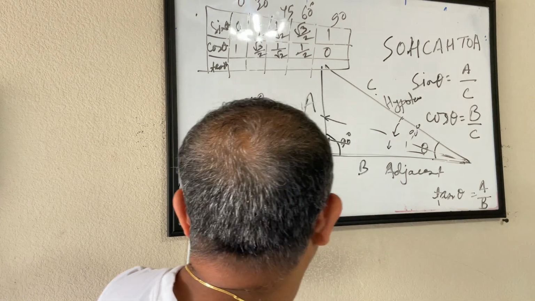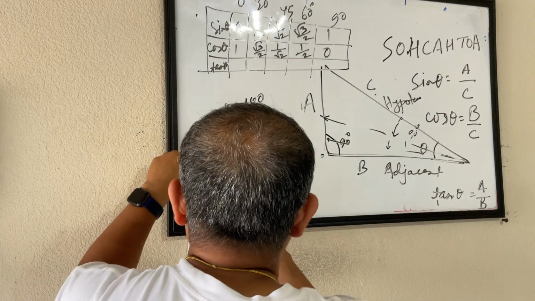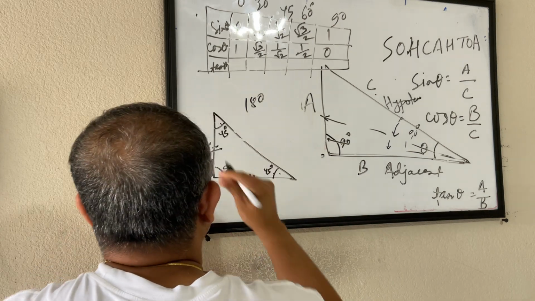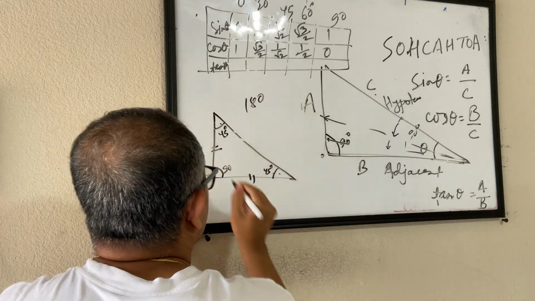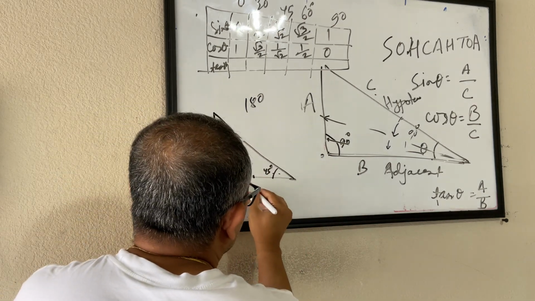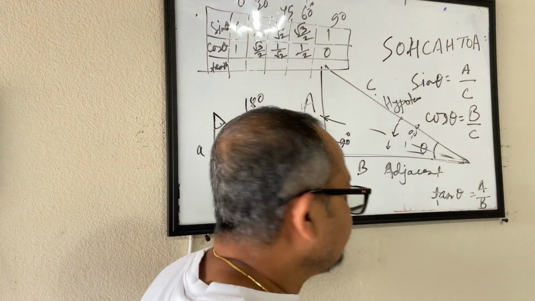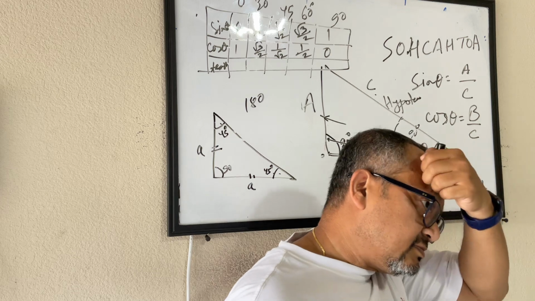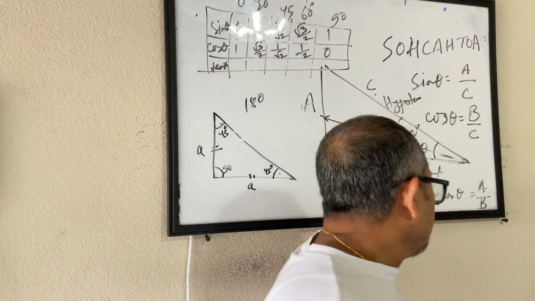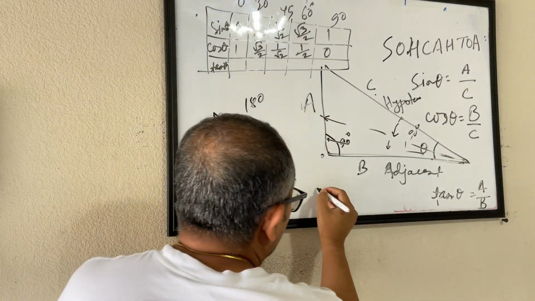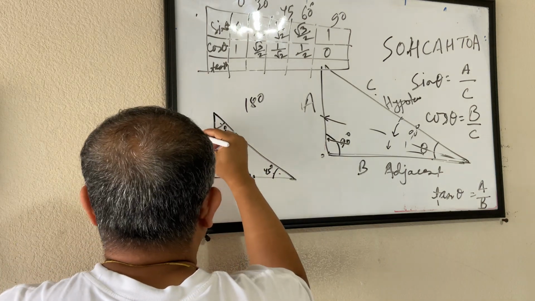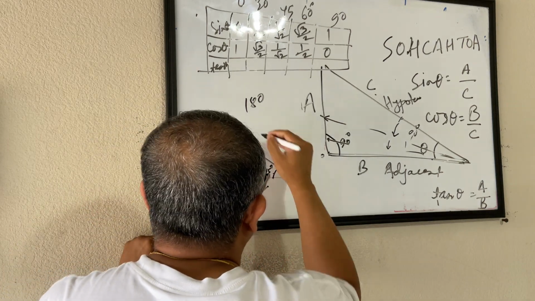Anyways, so now this is a right angle triangle. These sides are same, and this is my hypotenuse. Let's say this side's length is a. So that means this is also a. What will be the length of this side? As per the Pythagorean theorem, if it's a right angle triangle, square of this side plus square of this side will be square of this side.